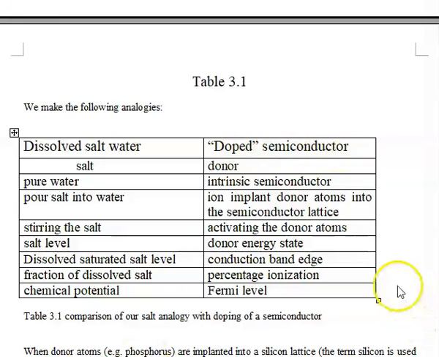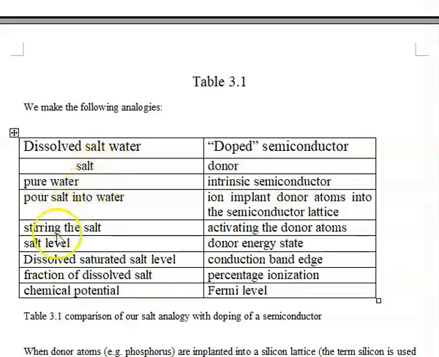So this table describes the difference between dissolved salt water and doped semiconductor materials. First, let's concentrate only on the left side, because that's what we've been talking about, and then we'll make the analogy to the right side. We're dissolving salt, so salt is one of the components. We start with pure water, we dissolve salt.